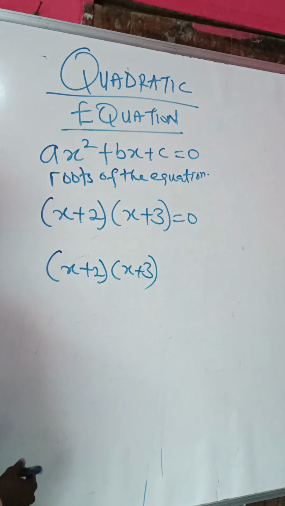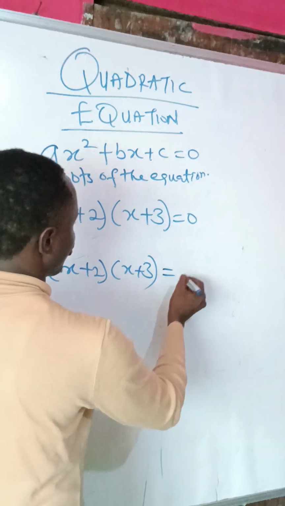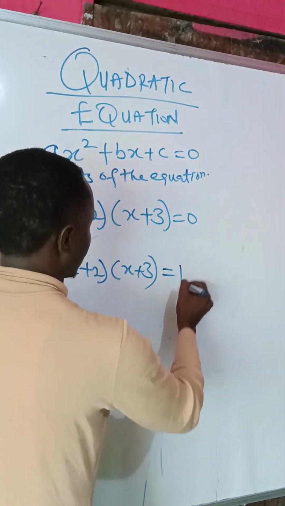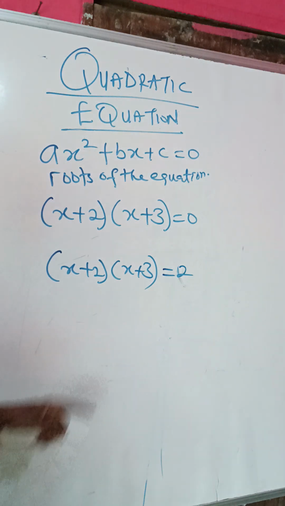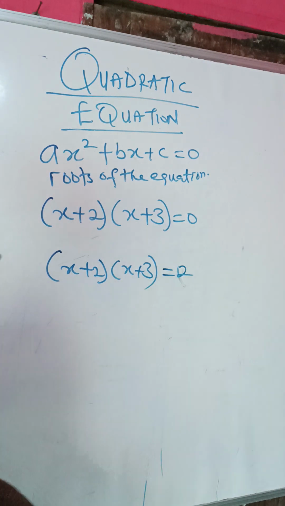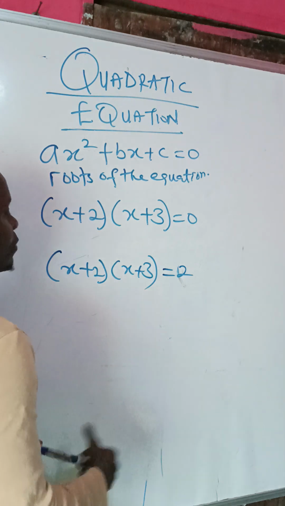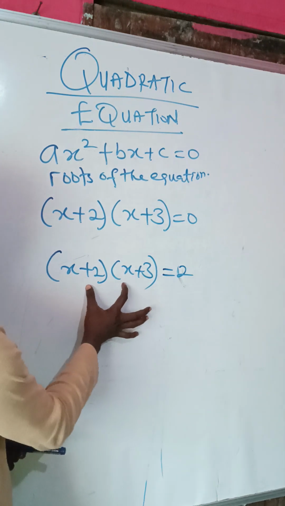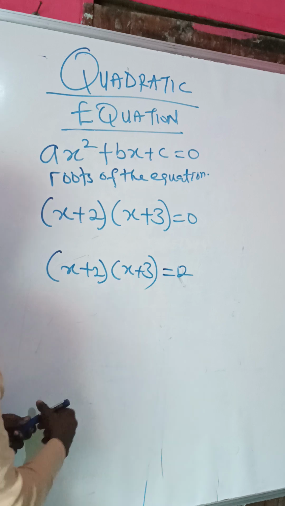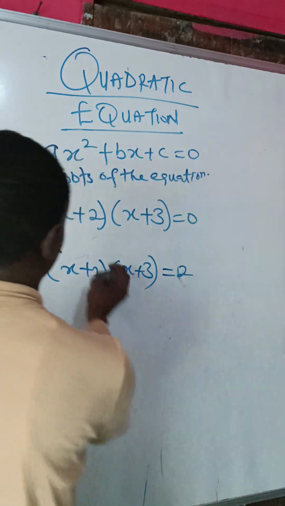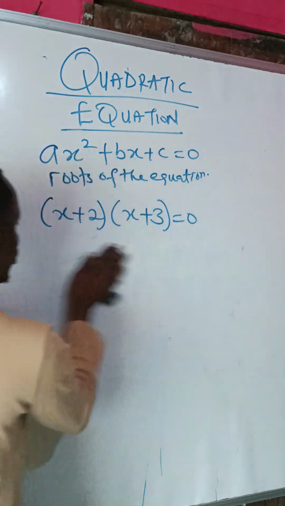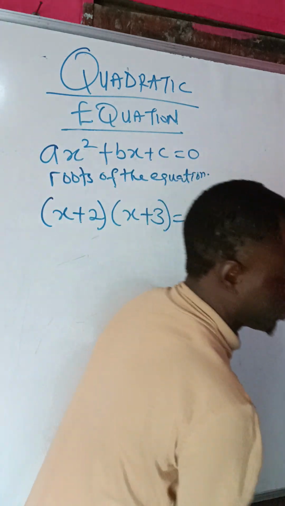We need to open the bracket when the value here is equal to another value. It could be 1, it could be any value. But the moment the value we have here is 0, we don't have any reason to expand the bracket. But most times, in a quadratic equation, your value is always equal to 0.